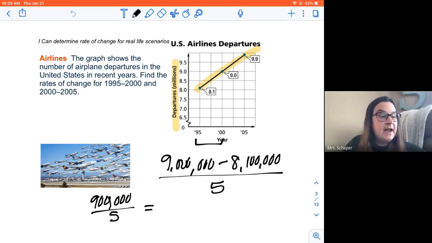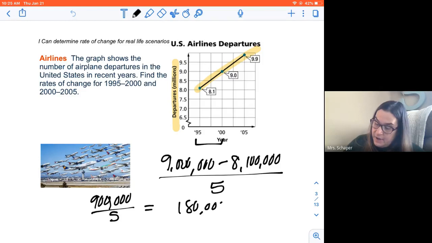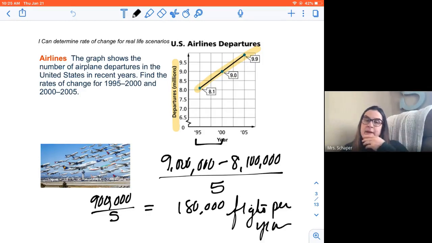And if I take 900,000 and I divide it by 5, I'm going to get 180,000 flights per year. That was the increase. Okay. It went up by 180,000 flights per year.